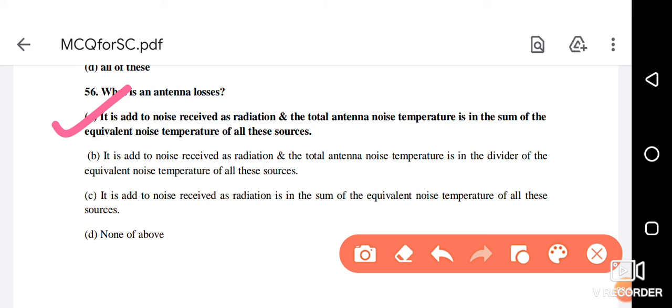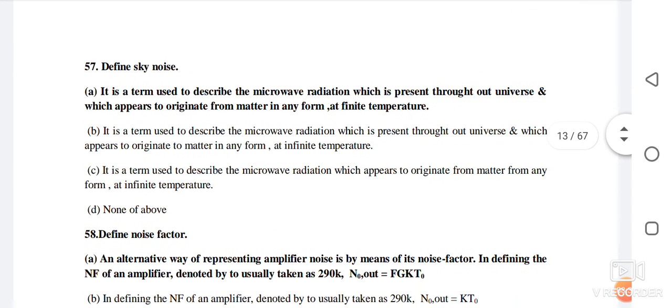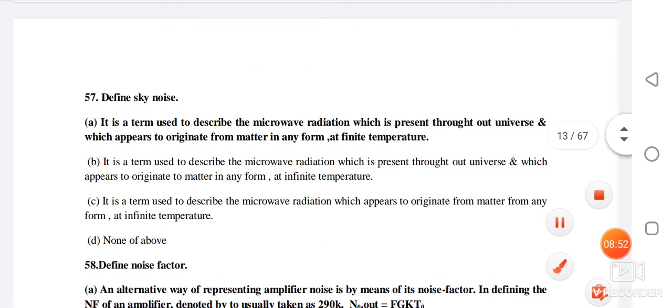So the right answer is option A. Define sky noise. Sky noise is the term used to describe the microwave radiation present throughout the universe, which appears to originate from matter at a finite temperature. So the right answer is option A.